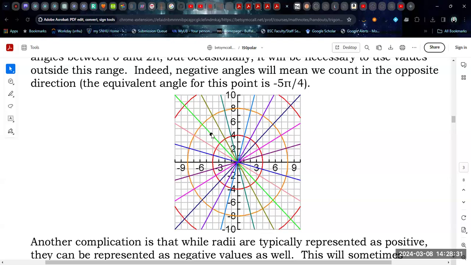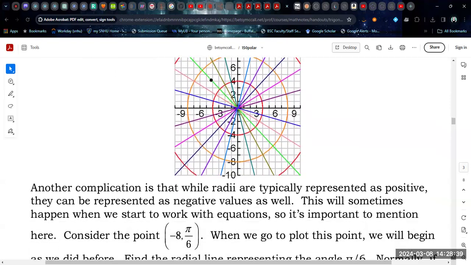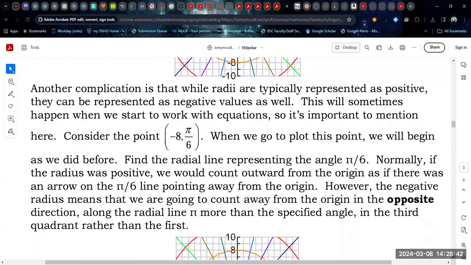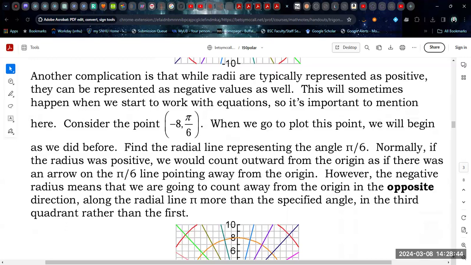And that's how we get back to where we're supposed to be. So these representations are not unique, and that is something we have to keep in mind when we do this work, unlike rectangular coordinates, where every point in the plane has a unique and distinct coordinate pair.